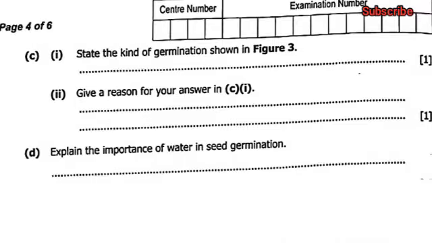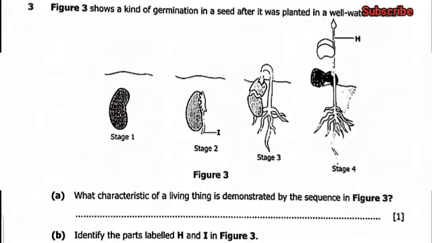C2, they are saying give a reason for your answer. When they say give a reason, they are looking forward to you mentioning the characteristics of epigeal germination. So you say because of taproot. This root is called taproot; it is not fibrous.